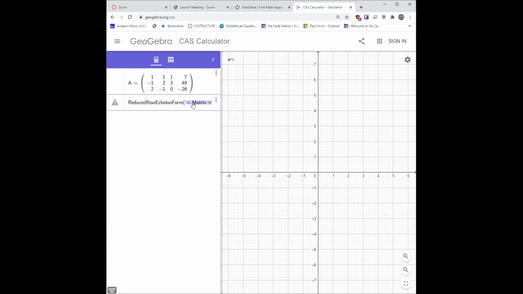And it has this word matrix highlighted. If you call the matrix A, then you just put an A right there and hit enter. Okay. And so this right here, if you take this matrix, reduced row echelon is this form right here. So let's go back. Okay, so remember this. This is what it looks like.